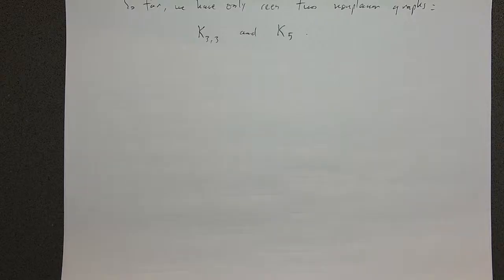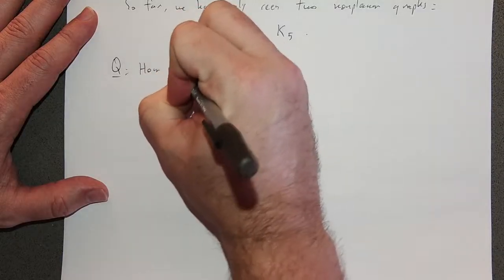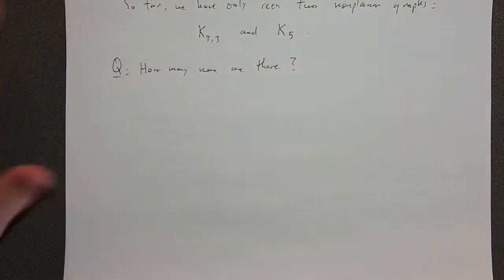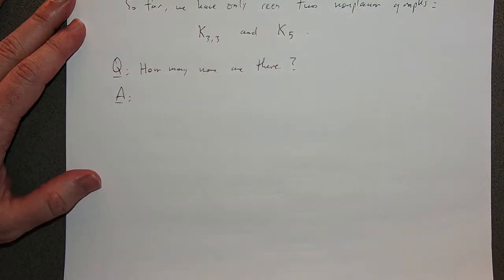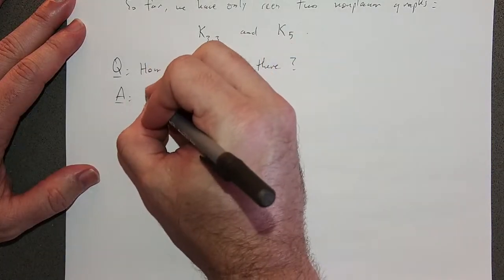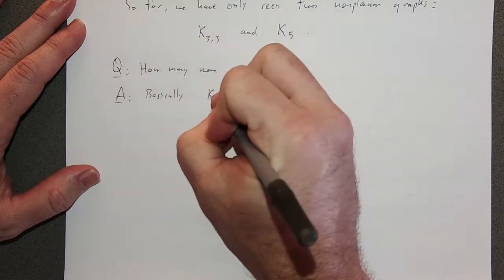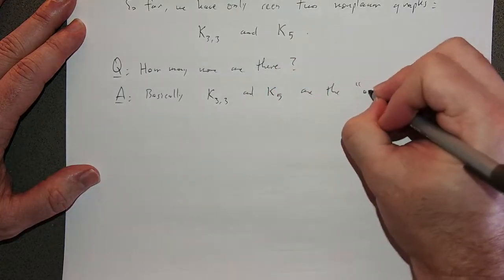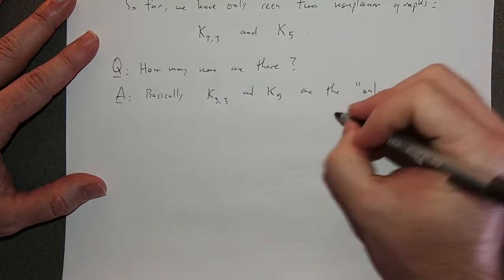The question is, how many more are there? The answer here is basically that K33 and K5 are the only obstructions to planarity.